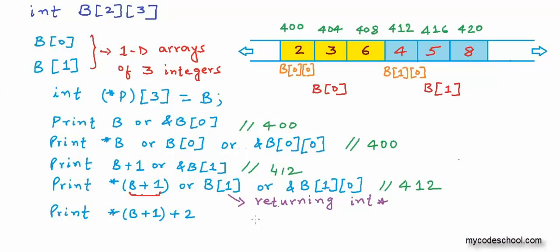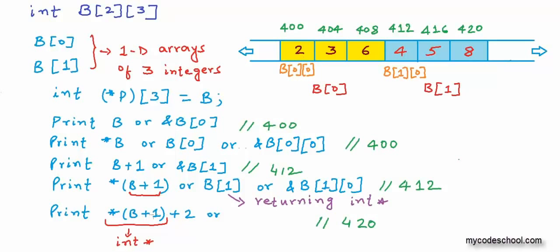Adding 2 here is performing pointer arithmetic because *(b plus 1) is a pointer to an integer storing this address 412. Adding 2 is basically going to the address of the next to next integer, which will mean skipping 8 bytes and going to reference the integer at address 420.